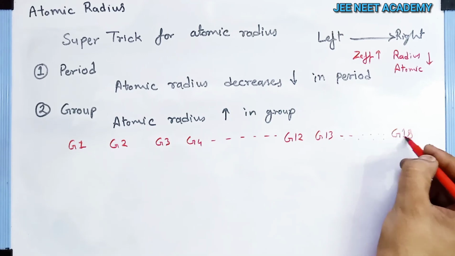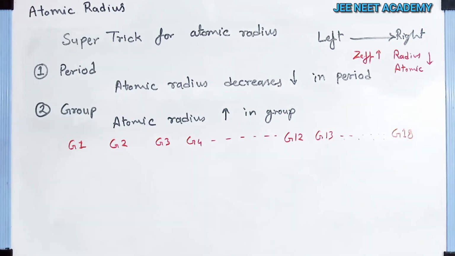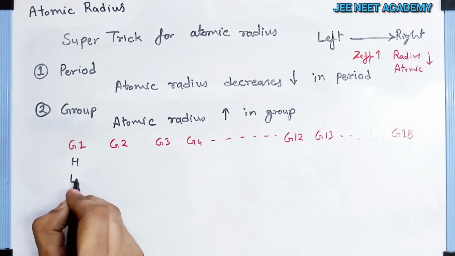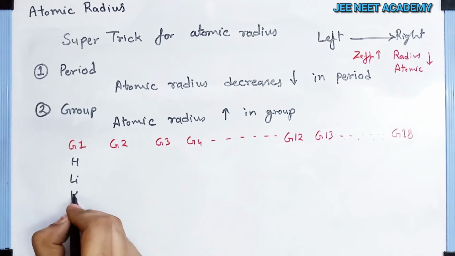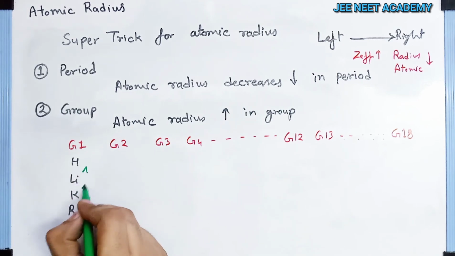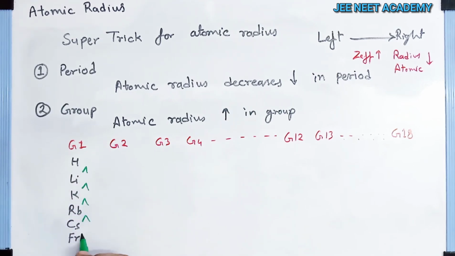In the first group, hydrogen, lithium, potassium, rubidium, cesium, francium, the atomic radius trend will be increasing, because in a group atomic radius increases from top to bottom.